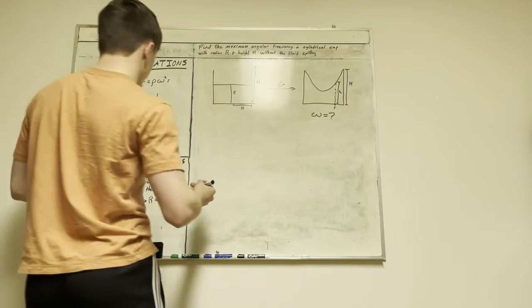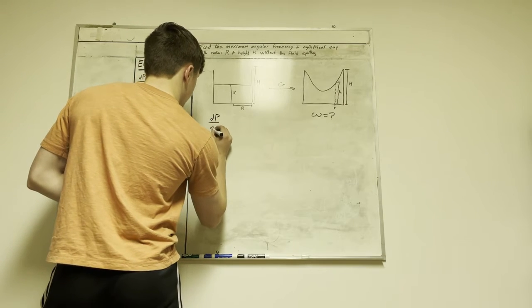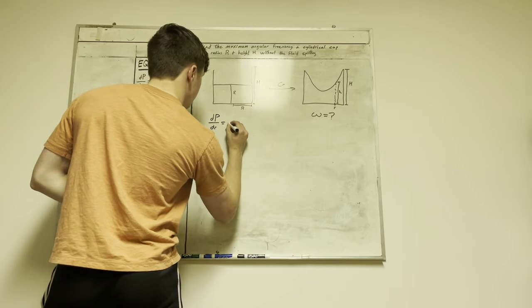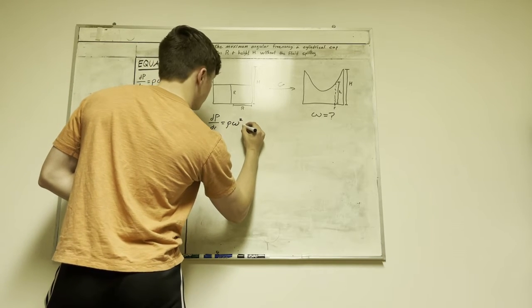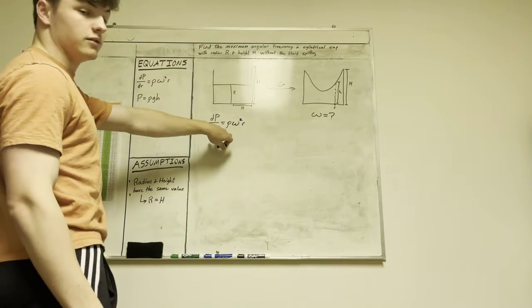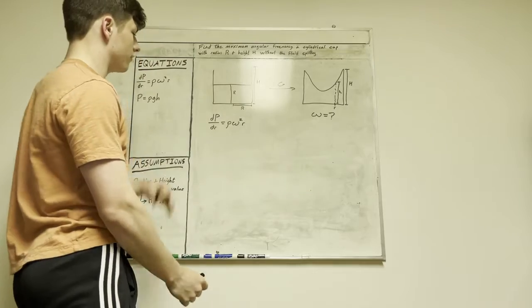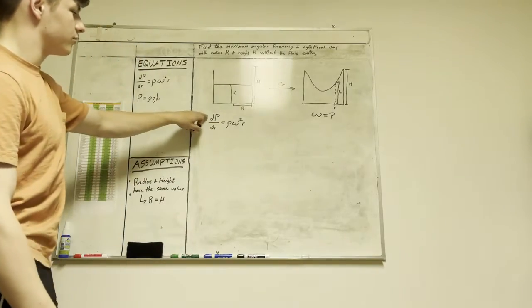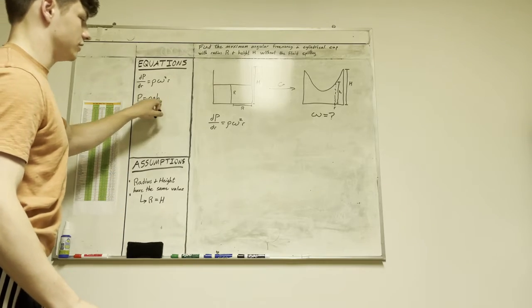So first we're going to write down that first equation: dp/dr equals rho omega squared r. We have here a separable differential equation where we'll solve for pressure, and then once we have pressure we will sub this equation back in and solve for h.